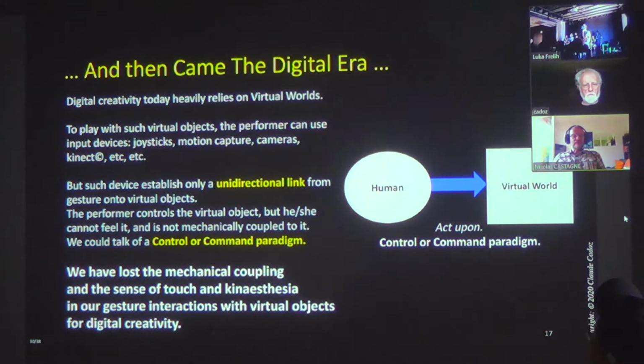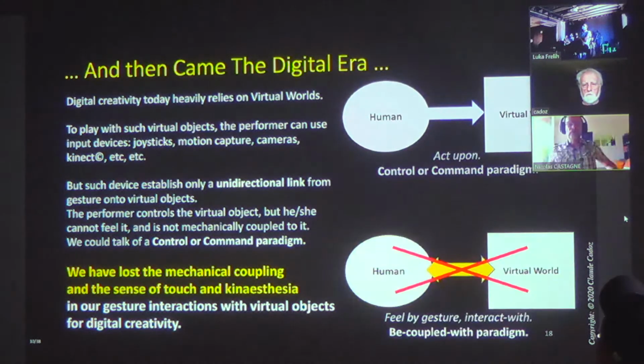That is, the performer controls the virtual object, but he or she cannot feel it, and he or she is not mechanically coupled to it anymore. We could talk of a control or command paradigm.